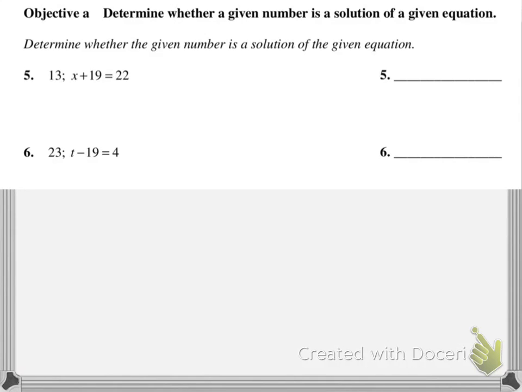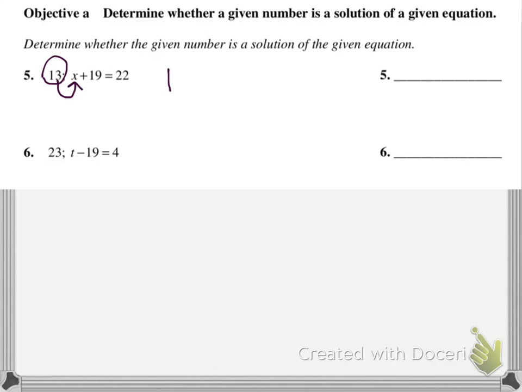So now let's look at determining whether or not a solution is given with these equations. With these two equations, they're giving us an answer and they want to know, is this indeed a solution? The way you find out is you substitute it into the equation for the variable.